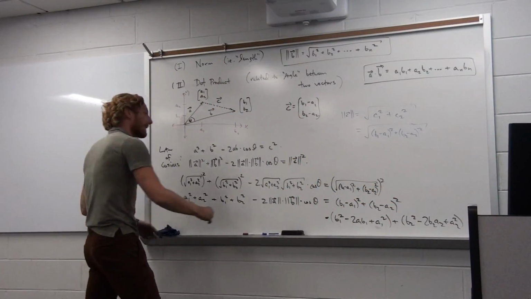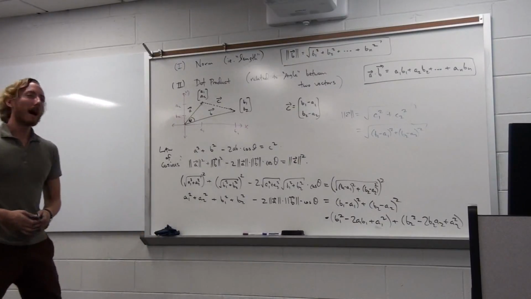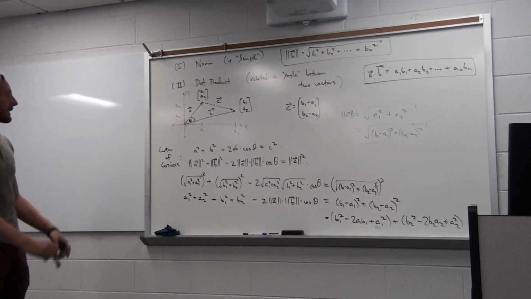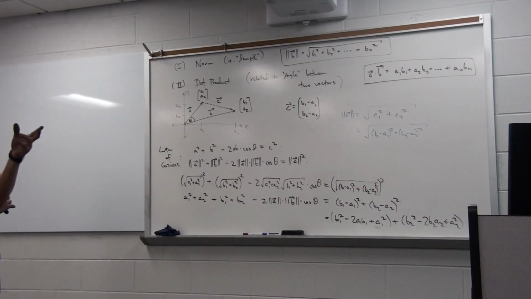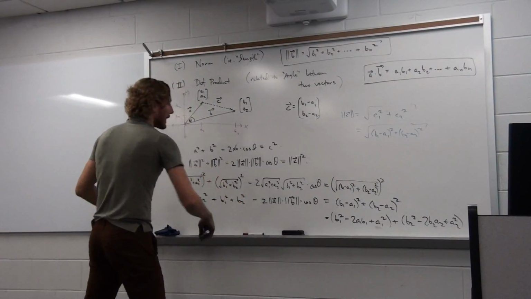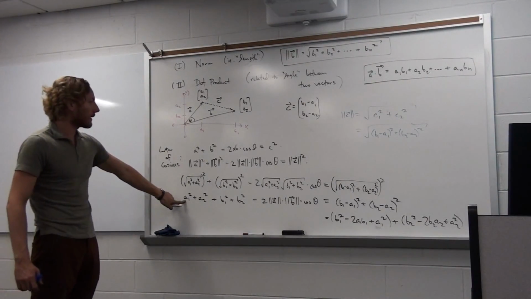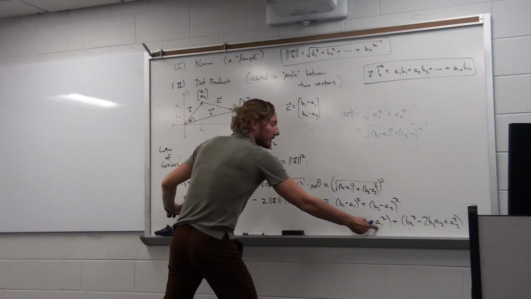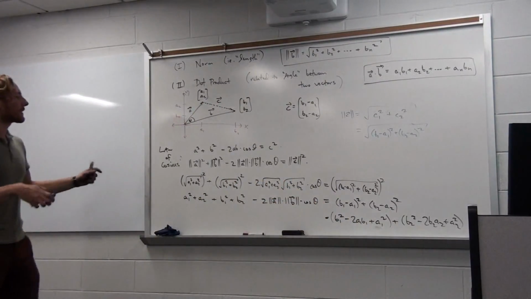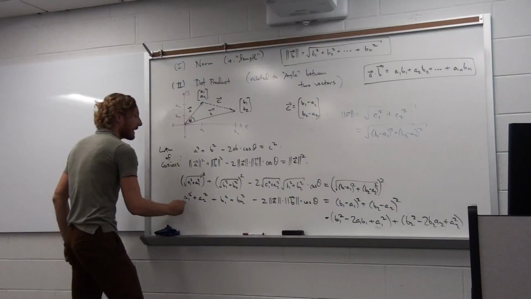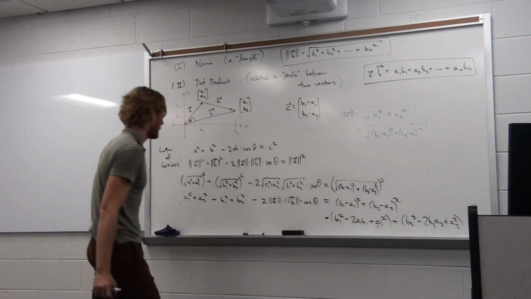Now, as you look at the left-hand side and the right-hand side, I claim that we can do something to simplify here because, my gosh, we've done so much work to this point and we've got a bunch of numbers up on the board, and let's try to make some sense of them. If you notice, we've got an A1 squared on the right and an A1 squared on the left. So if we subtracted A1 squared from both sides, those would cancel away.